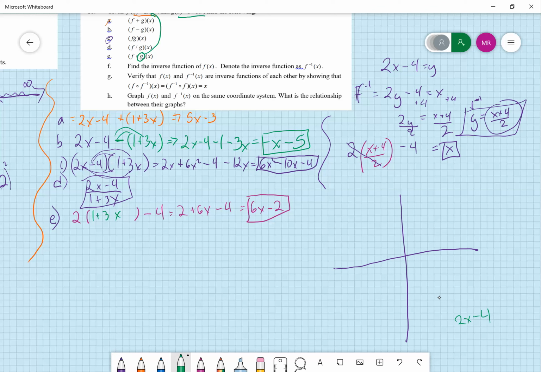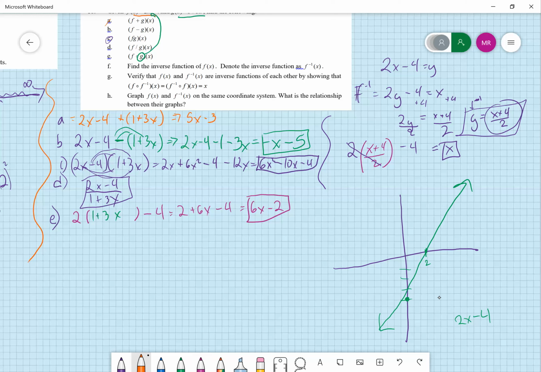We know that the y-intercept is at -4. And we know that we go up 2 over 1, up 2 over 1. And that's going to hit at 2, 0. And now we've got 2 points. That's all we need for this line. There it is.